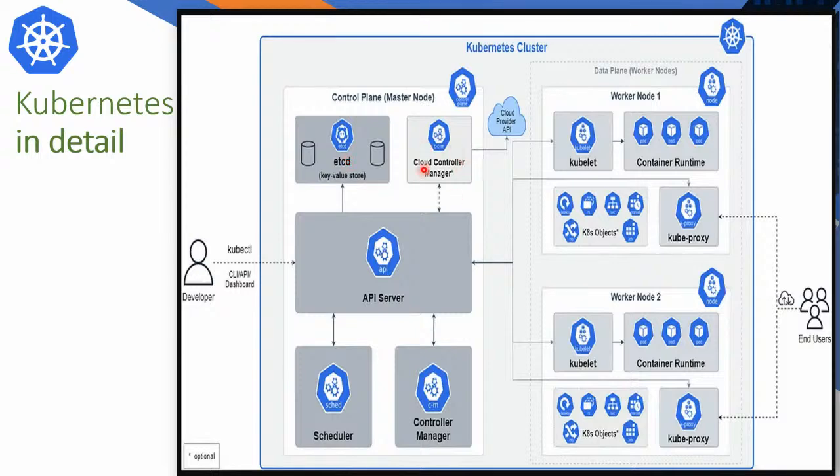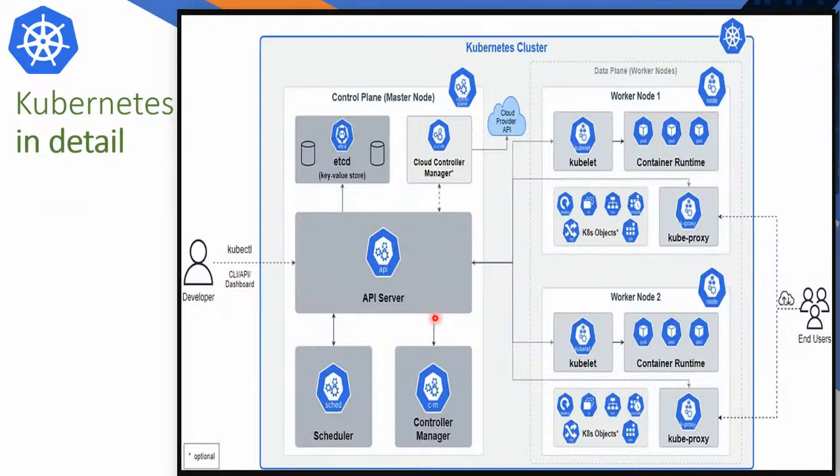The API server will talk with the cloud controller manager. This is a dashed arrow because it may not be in use every time. It is only in use whenever you have to interact with the cloud provider, like GKE or AKS or EKS, where the API server interacts with the cloud controller manager.